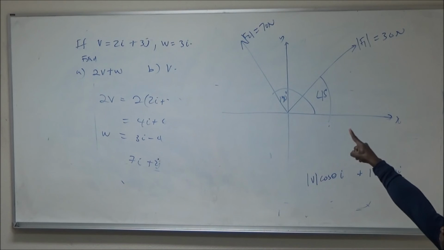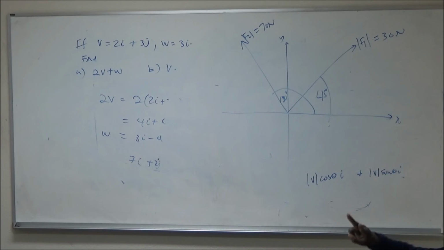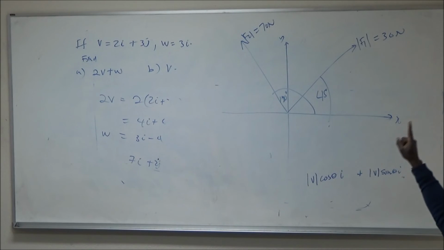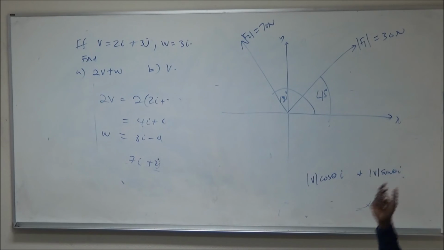So you're going to take this force of 70 newtons and break it down into its x component and its what? Y component. You're going to take the force of 30 newtons, break it down into what? X and y. The resultant force is the sum of the two forces. You add the x components together, you add the y components together. You're going to get a number that has an x component in terms of cosine and a y component in terms of what? Sine, right? That's how you would find it.